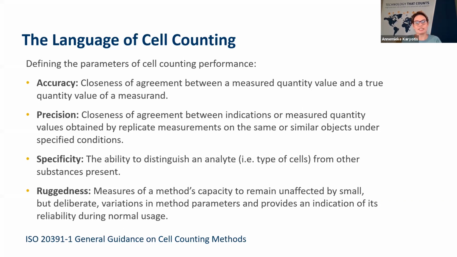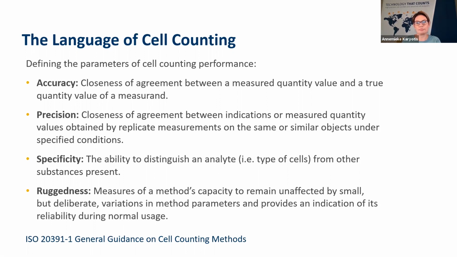Accuracy refers to how close my result is to the true count of the measurand. Precision refers to how repeatable the results are that I'm getting. So they're slightly different things.